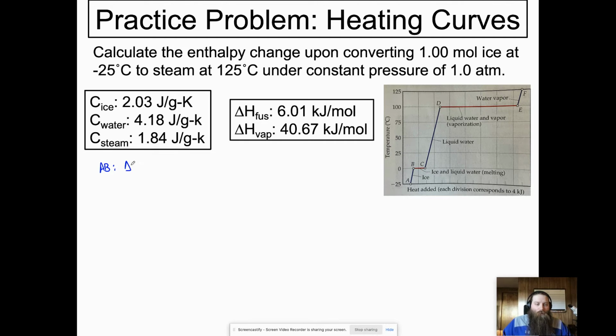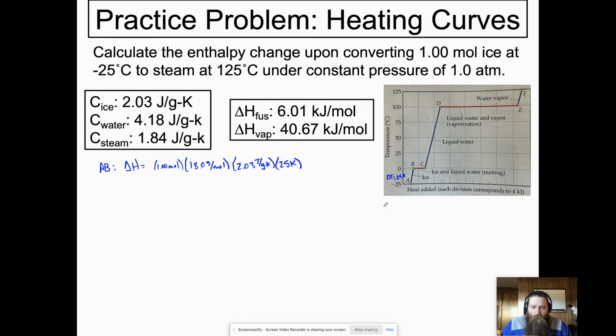So in AB, delta H is going to be equal to, well, we know we have 1 mole of ice. We need to convert that to grams, and it's about 18.0 grams per mole for water. We needed to convert it to grams because our specific heat is in joules per gram Kelvin, right? And delta T here is 25 Kelvin.